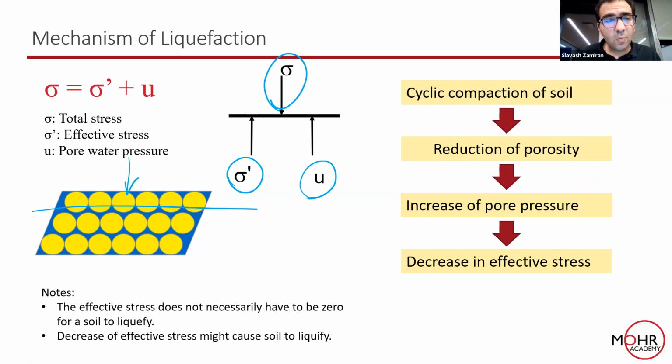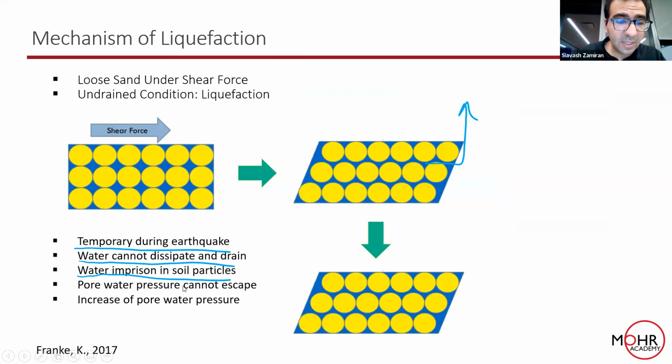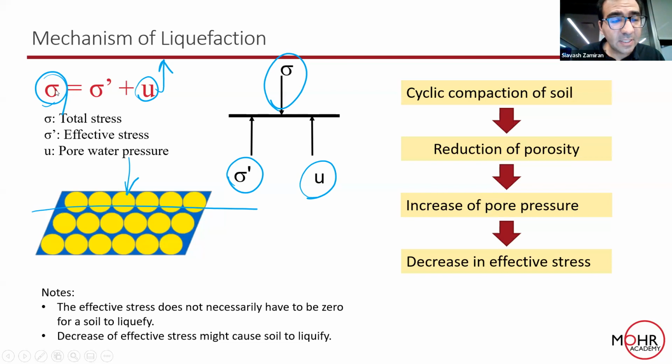We also know that the total stress is actually a constant value. So once we have the increase of the pore water pressure due to the imprisoning of the water inside the soil particles, because the total stress is going to be constant, the pressure between the soil particles starts to decrease.